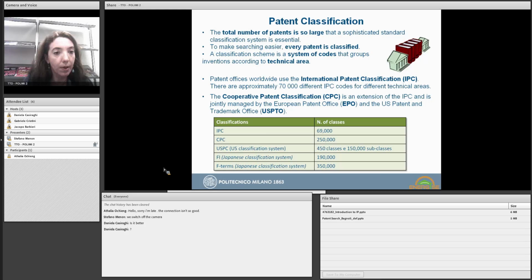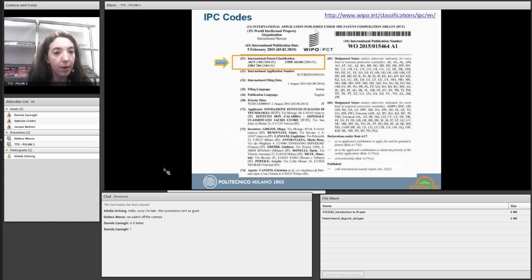The second system is the Cooperative Patent Classification, CPC. These two are the most famous. In this table you can find other classification codes, but I suggest to use IPC or CPC codes.